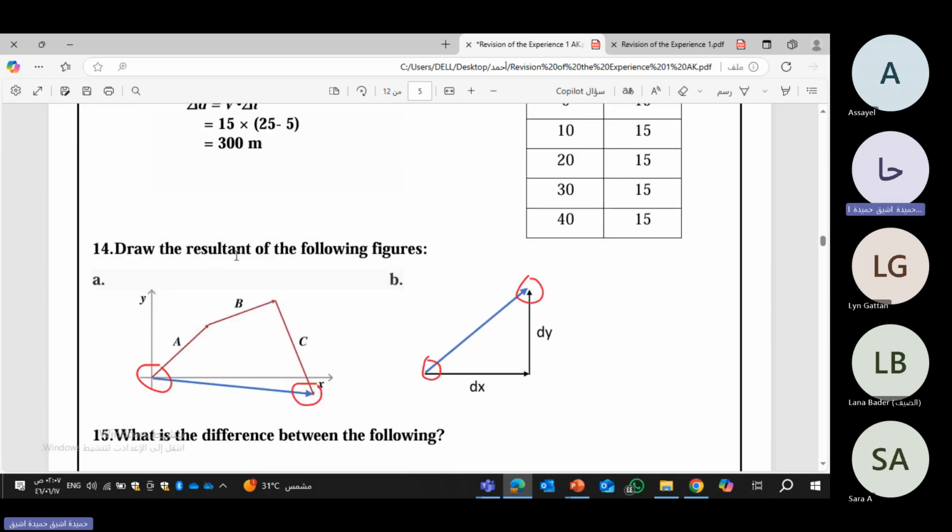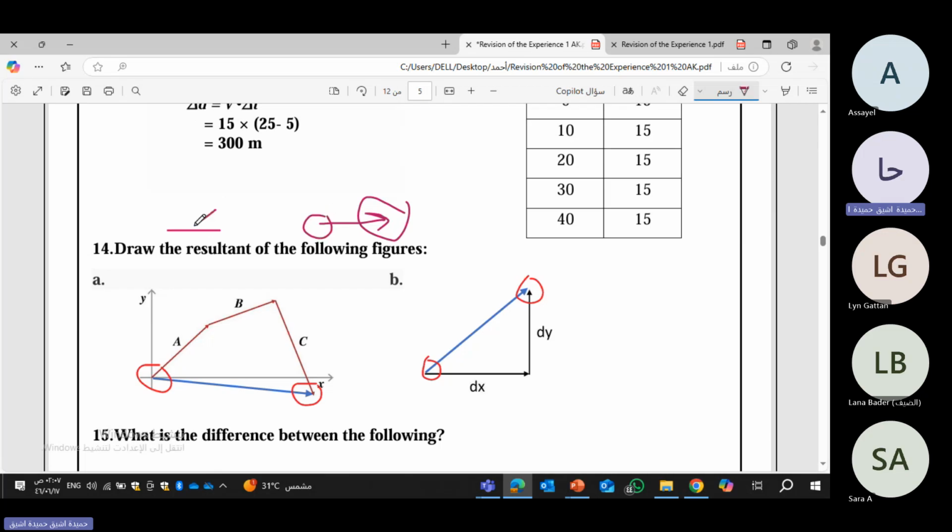Here we are drawing the resultant, and be careful, girls. If you draw only a line without the head, you can't get full marks. So please, the resultant is actually an arrow. It has a head and it has a tail, not just a line. If you draw only a line, this is wrong. I can't give you full marks. So be careful how you draw the resultant.